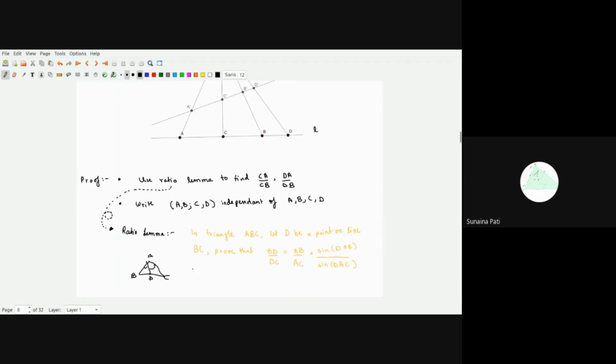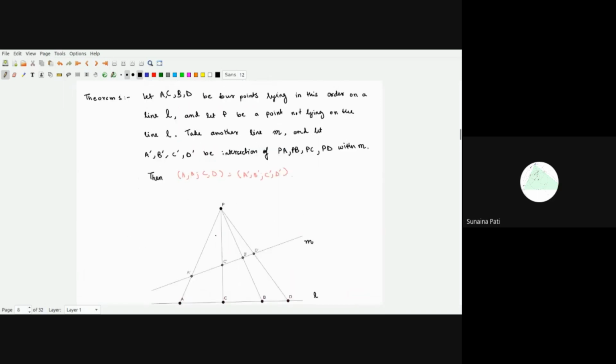It's proved by two applications of the sine law and then manipulating it. You can prove it on your own after the class. I'll just repeat what's happening: the cross ratios are preserved whenever you're projecting from a point P to another line. So from one line to another, when you project it, the cross ratios are preserved.